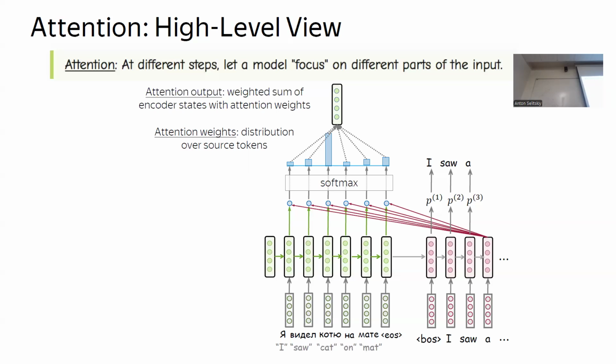You can concatenate it with the input token here. You can use it after the prediction, but before the linear layer, which predicts probabilities. The main idea is that we pass the information about all the tokens from our encoder to the decoder on each step.